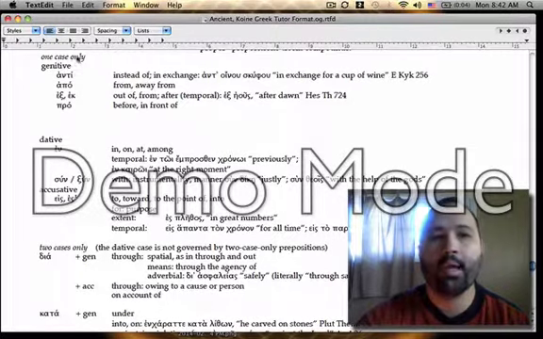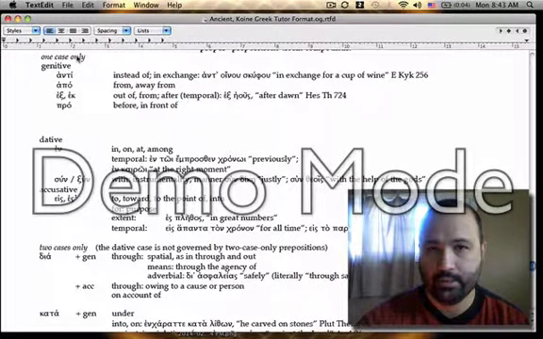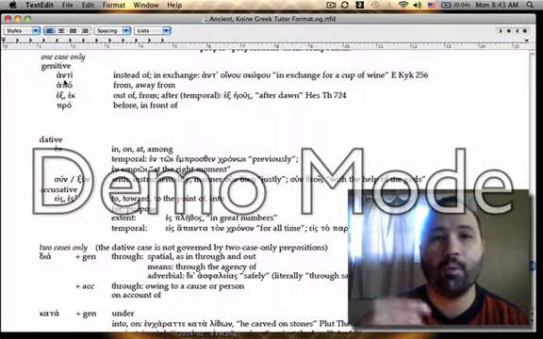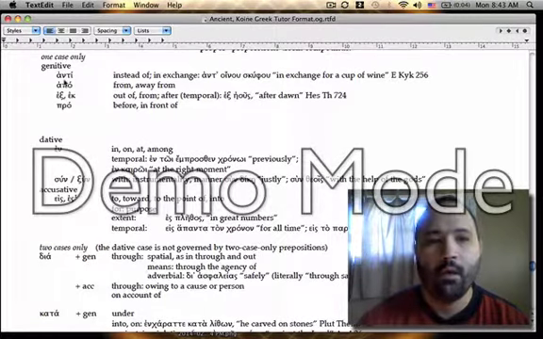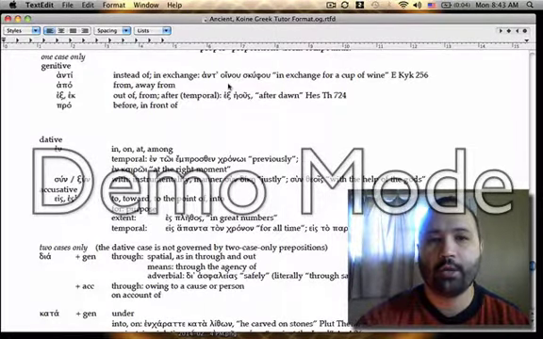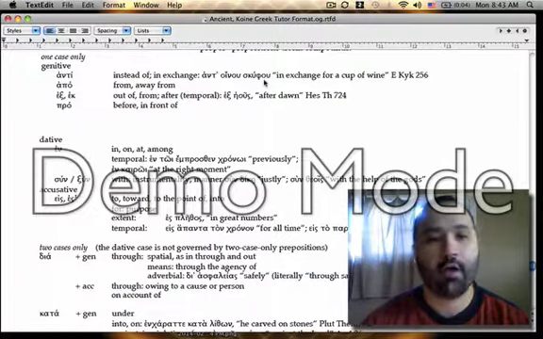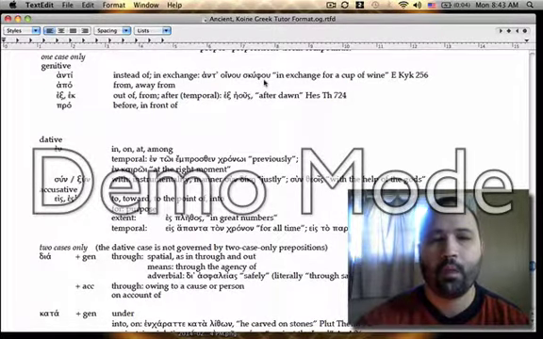One case only prepositions, let's look at these really quick. That use the genitive: anti, which we used earlier, which means instead of or in exchange. So for example, anti oinou skyphou, which means in exchange for a cup of wine. See that? Apo, from, away from.